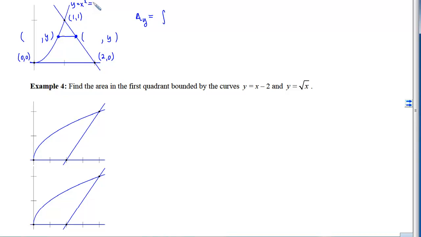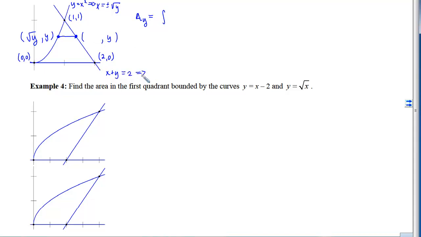So if I isolate x here, I'll get x equals plus or minus square root of y. We have to decide, are we on the positive side of the parabola or are we on the negative side? And hopefully you see that we're on the positive because the x-coordinate is a positive, so we'll use the positive root.